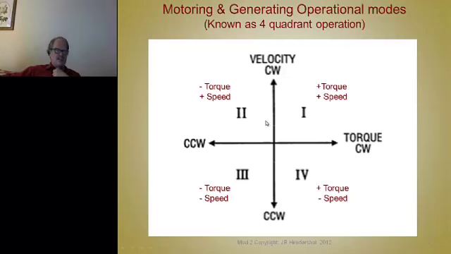So we're operating in this quadrant when torque is negative with positive speed. Of course, the same explanation works for the other two quadrants. Negative torque, negative speed means I go backwards. You put your car in reverse, you're applying reverse torque, and you're going reverse speed, you're going backwards.